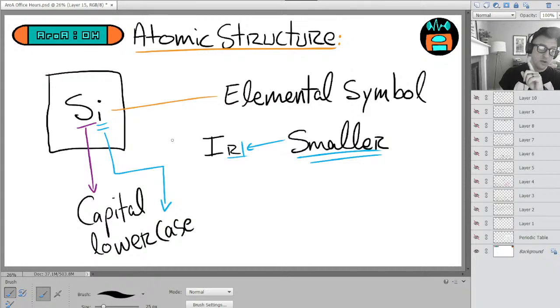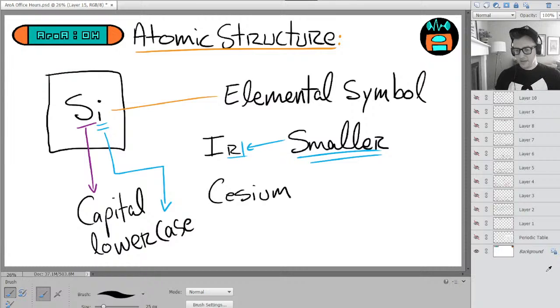And here's the reason why. Let's say you were doing a problem that involved cesium. Cesium is an element on the periodic table, and if you look at the elemental symbol for cesium, it's C with a little s.